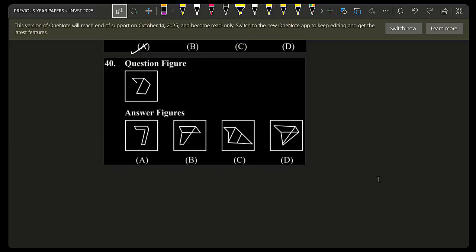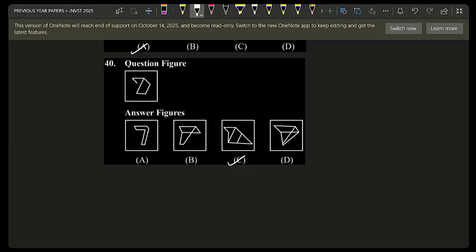I can see it is there in option C. 1, 2, 3, 4, 5, 6. All are there in this. Option C is correct. So we're done with mental ability.